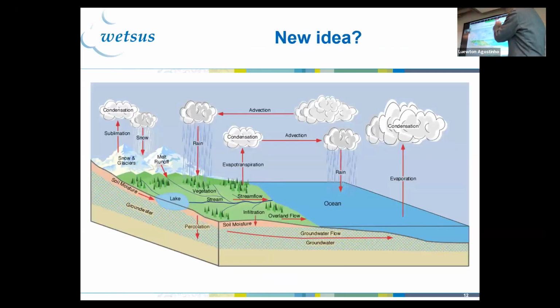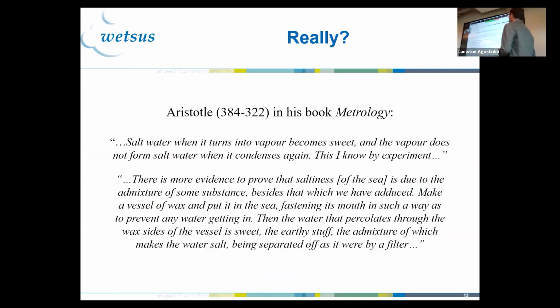Well, desalination is actually a process that happens in nature. In the ocean, you have evaporation, and then you have advection, condensation, rain. When you have rain, it's already fresh water. So, just to show you that it's a process that has existed for very long. And actually, if you go to the book of Aristotle, 384 to 322 BC, it's called Meteorology.